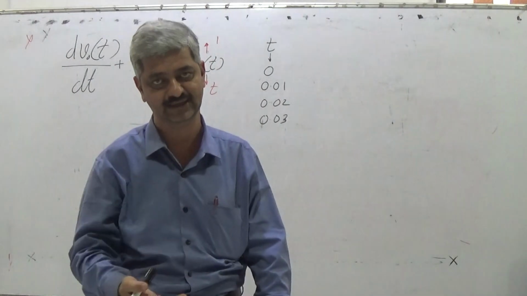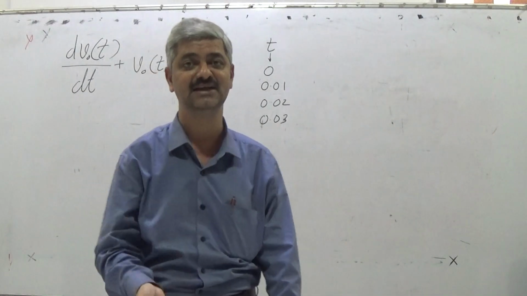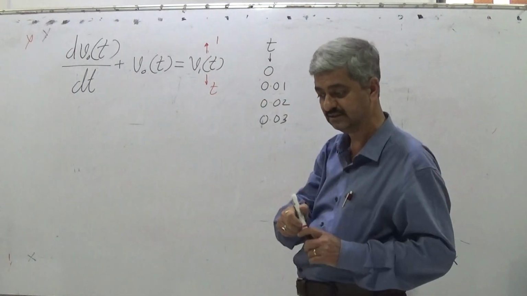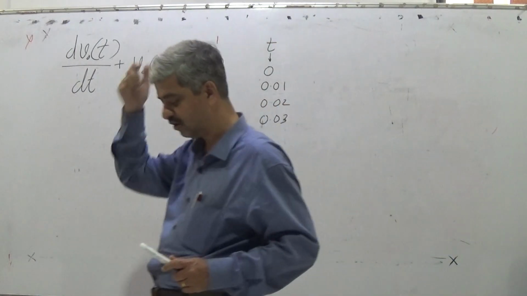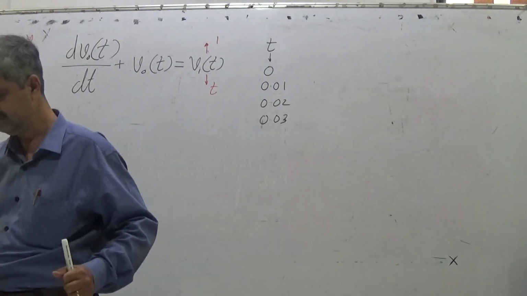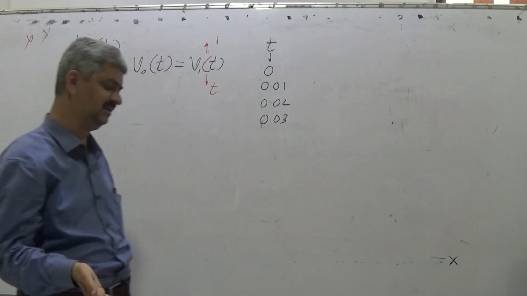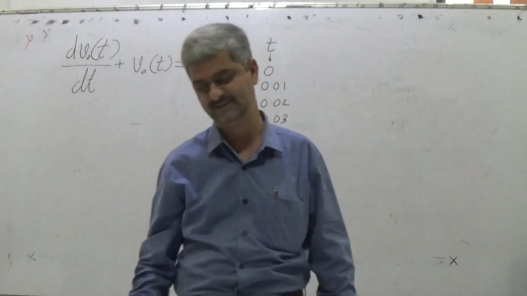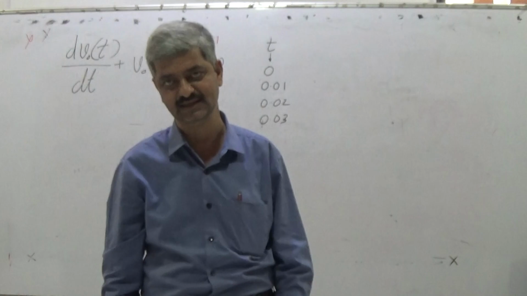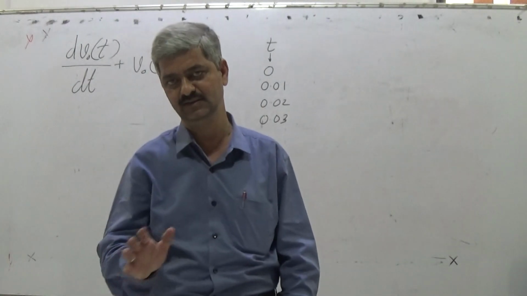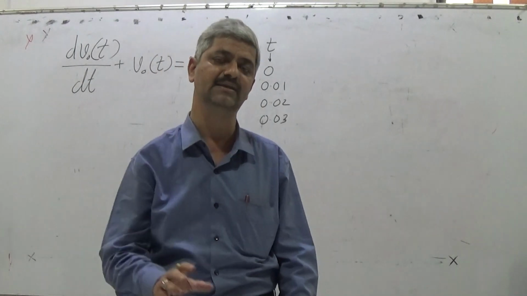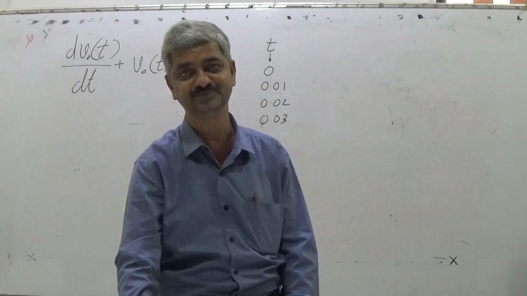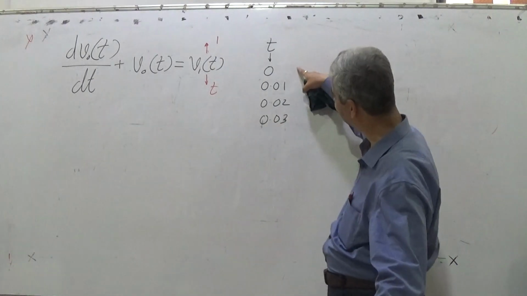After taking each delta t, I want you to be able to solve this differential equation by some method. Somehow you should be able to find the answer by any technique, first a numerical technique, and after that by a classical technique.